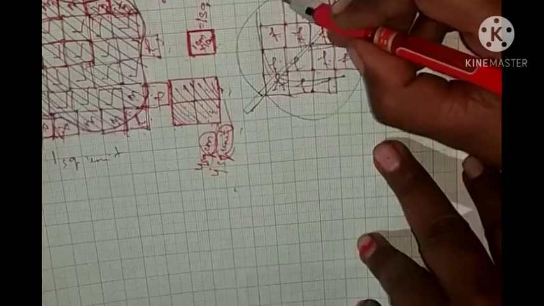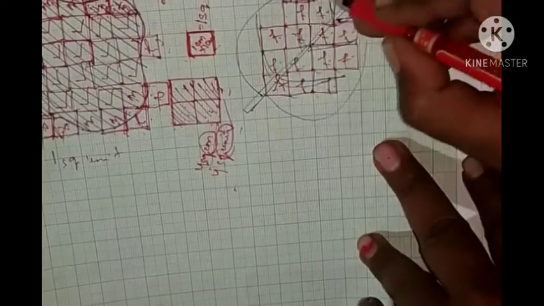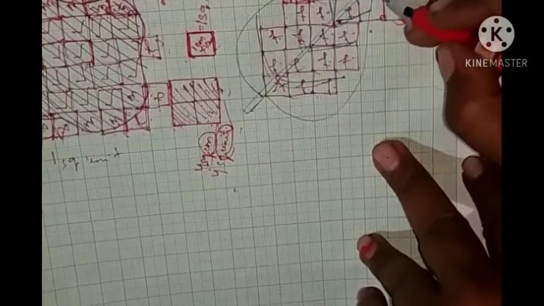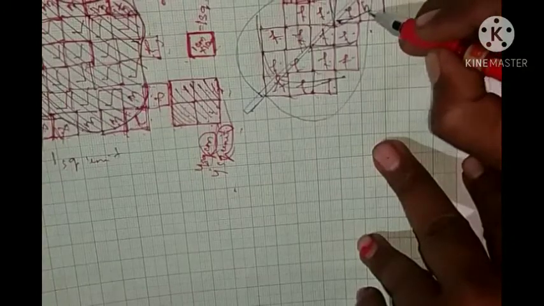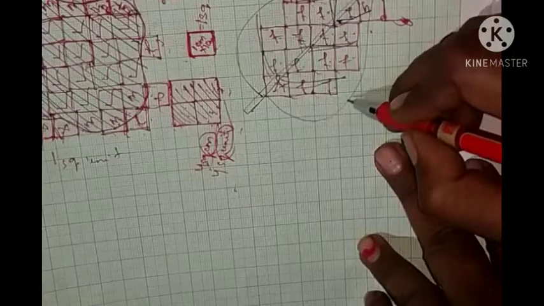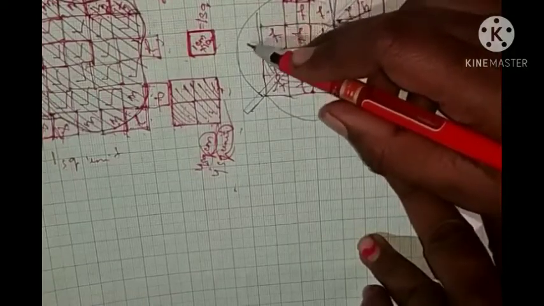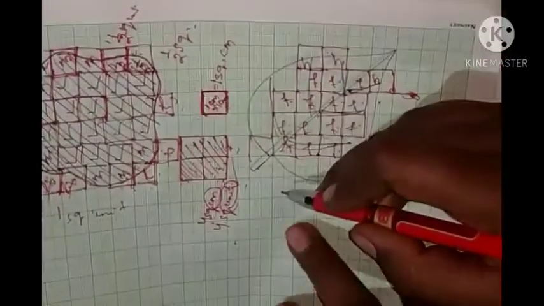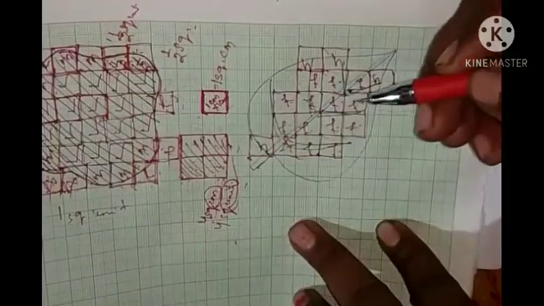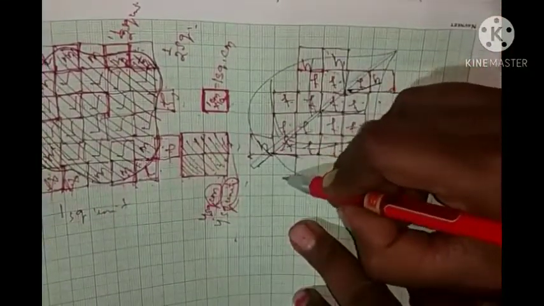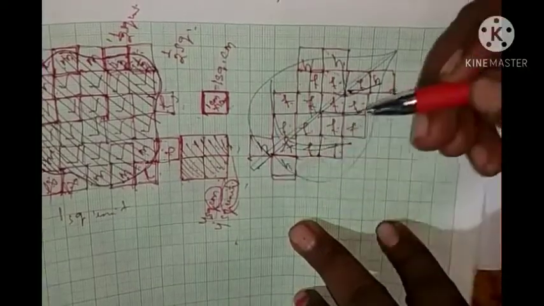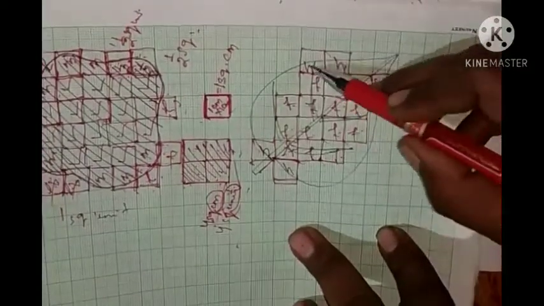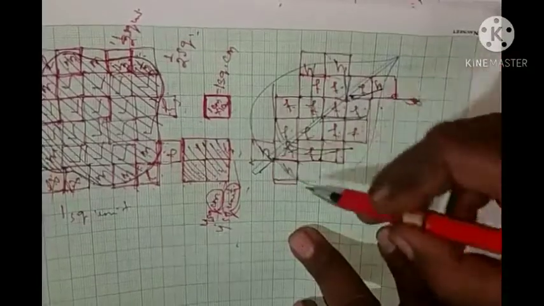This one is a half filled square, H, this one half filled square, H. Then this is a half filled square, H. Then this is a half filled square, H, and this is also a half filled square, H. So how many half filled squares did I find? 1, 2, 3, 4, 5.